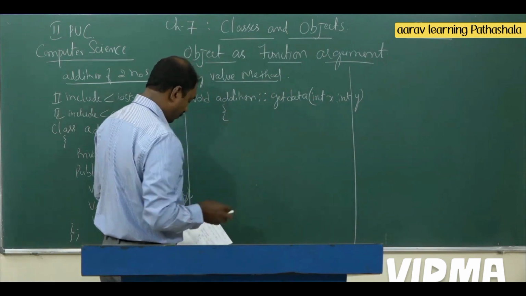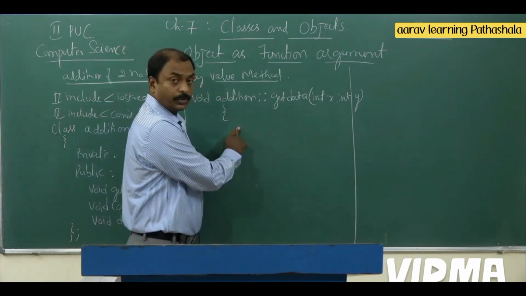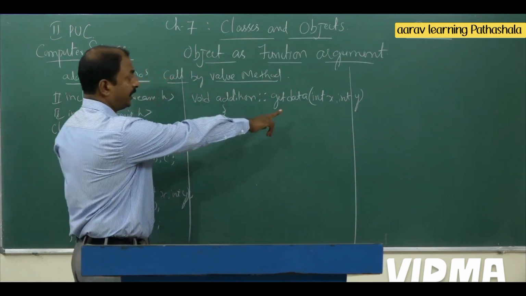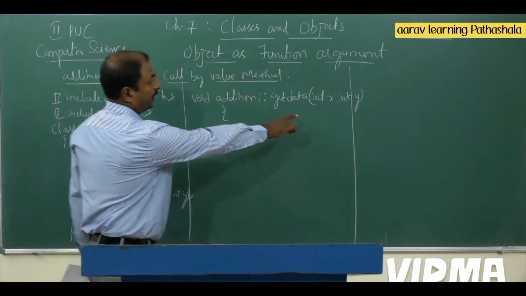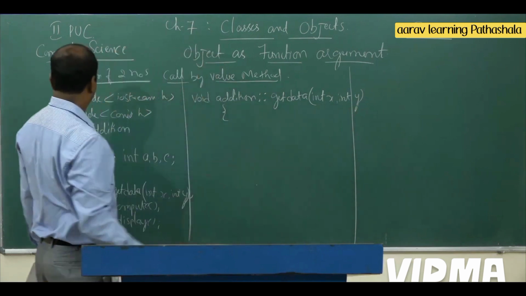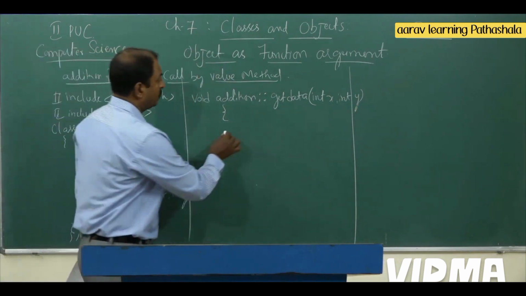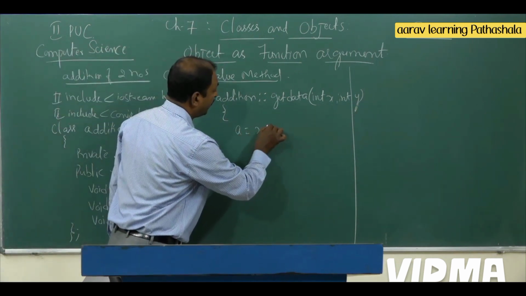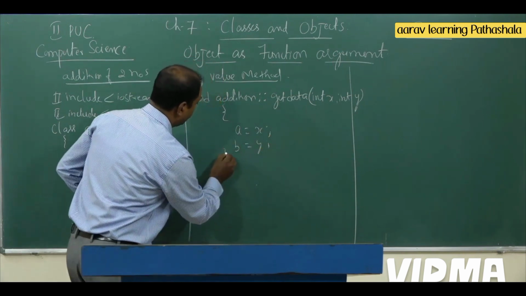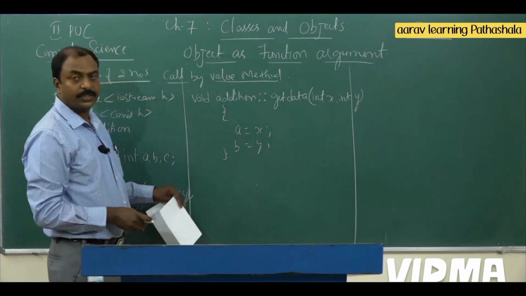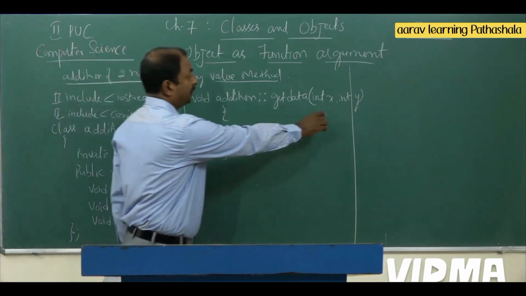Please observe here, students: inside this getdata function, we have to assign the values x and y to the local variables a and b. So we say a equals x and b equals y. I'm closing this.